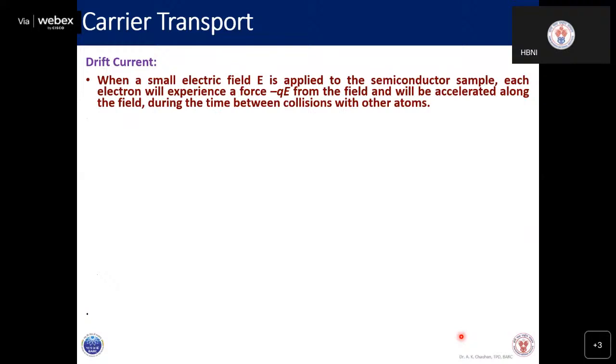But when you apply a small amount of electric field, what happens? Each electron will experience a force because of this electric field, and it will be accelerated along the field.